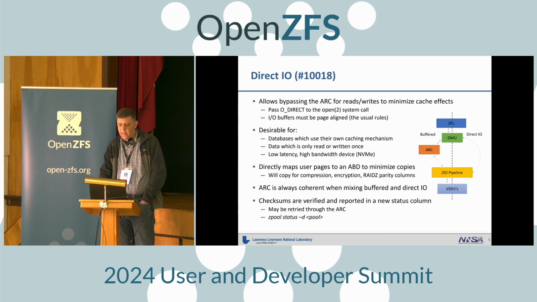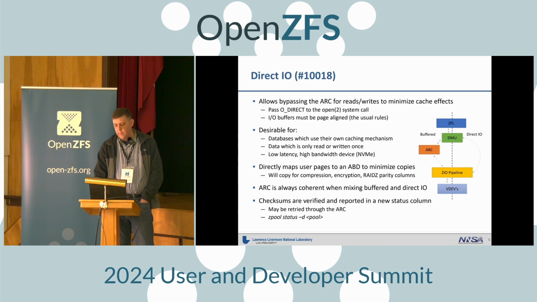For ZFS, we wanted that to always be coherent. So even if you're doing crazy stuff that no application should reasonably do, mixing your buffered and your direct I/O, you should get a coherent view of the file. So that means sometimes we have to invalidate pages that are in the ARC, or we have to pull pages into the ARC if they use that interface instead, just to make sure that we get a coherent view of the file.